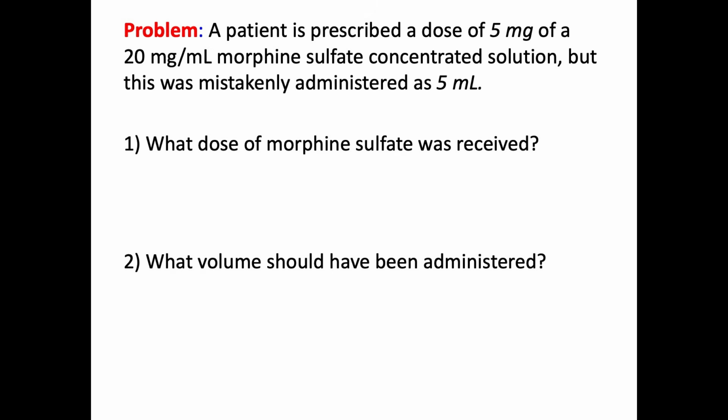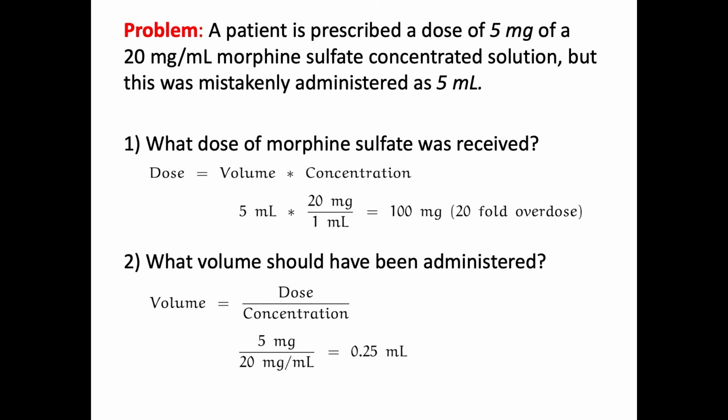So first question for you: can you calculate what dose of morphine sulfate was received? How many milligrams of morphine sulfate did the patient actually receive when they were administered 5 milliliters? Well, how would you solve that?